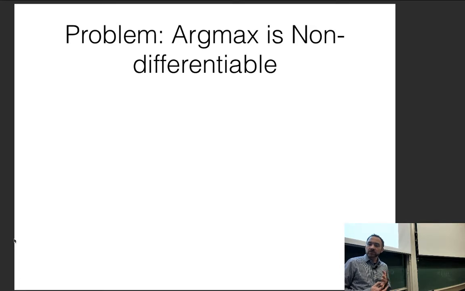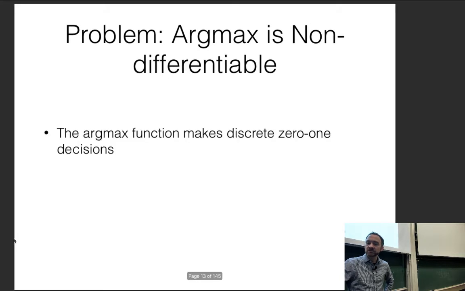But one of the reasons why this is non-trivial to optimize is because the argmax operation is non-differentiable. The argmax function makes discrete 0-1 decisions about what thing to output next.